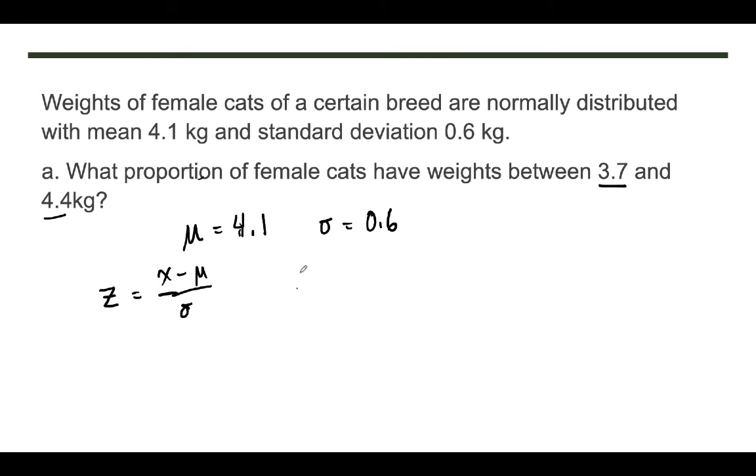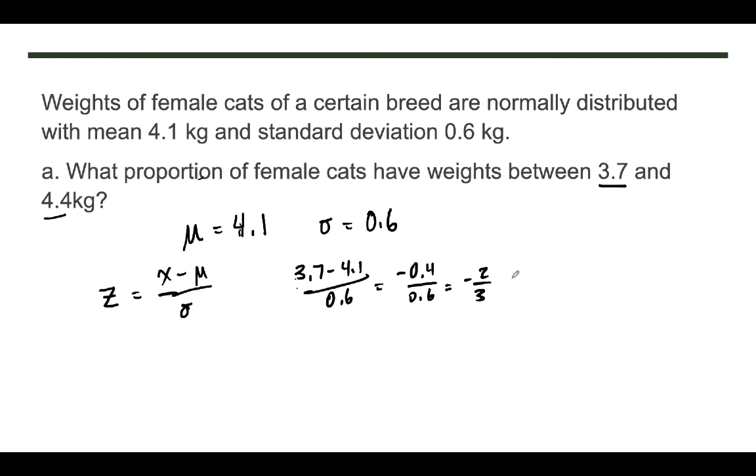And I'm going to do it for 3.7 and 4.4. So for 3.7, the mean is 4.1, over 0.6, equals negative 0.4 over 0.6, and you get negative 2/3.